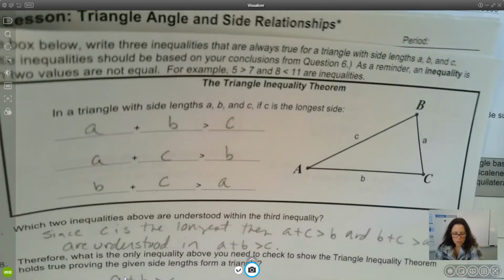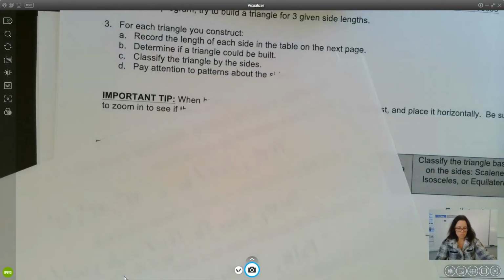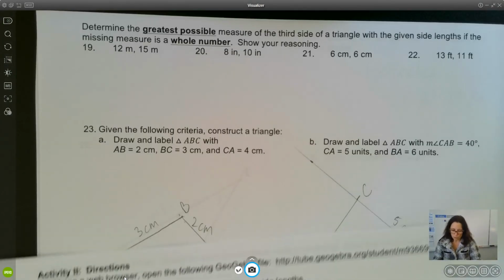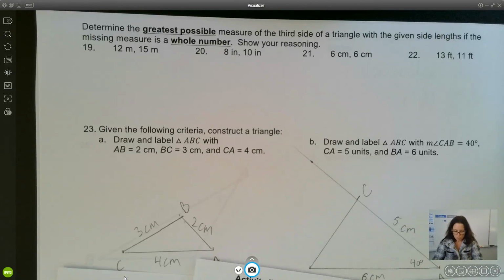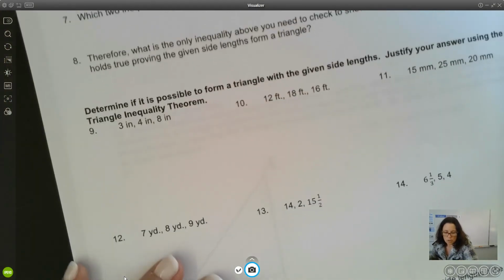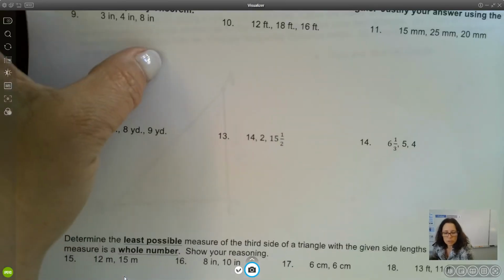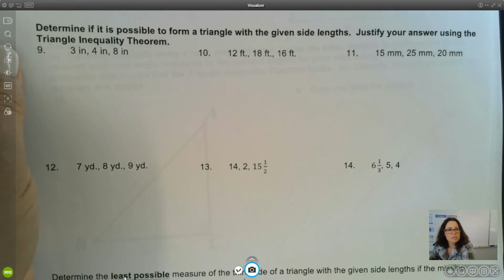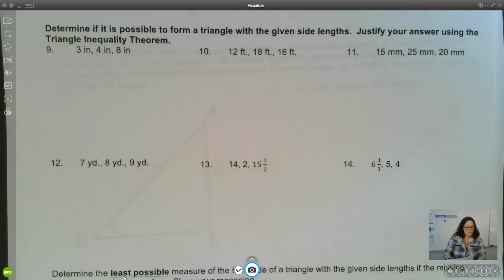Okay, let's get back to our plain old notes. We're going to answer these questions right here, and that will conclude our lesson. It says determine if it is possible to form a triangle with the given side lengths. Justify your answer using the triangle inequality theorem.